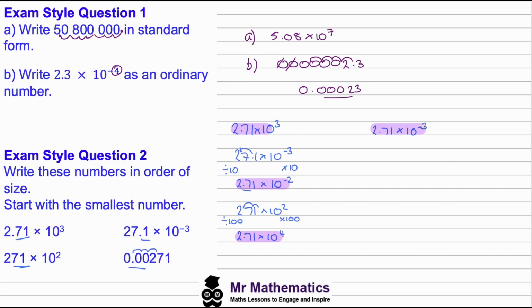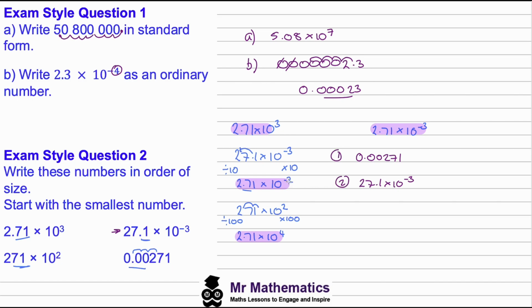So because we've got the smallest power of 10 with a negative 3, the 0.0271 would be the smallest. Then we've got the power of negative 2, which is this one. So 27.1 times 10 to the negative 3. Smallest, second smallest.